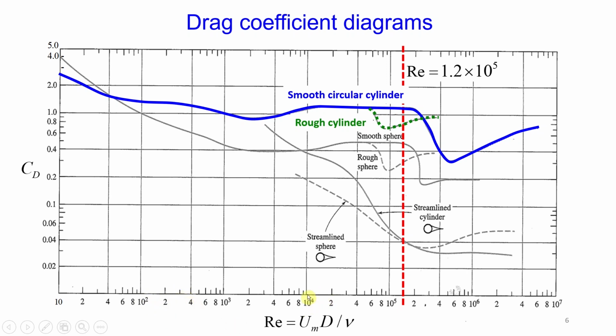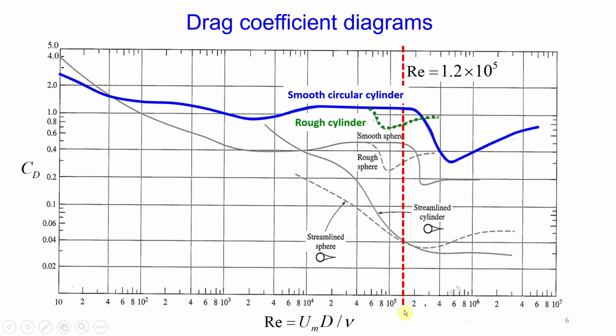So this is our 10 to the power 4, or 10,000. This is our 10 to the power 5. Therefore, if we have 1.2, it means that our value is a little bit on the right hand side of 10 to the power 5, so somewhere between 10 to the power 5 and 2 multiplied by 10 to the power 5.